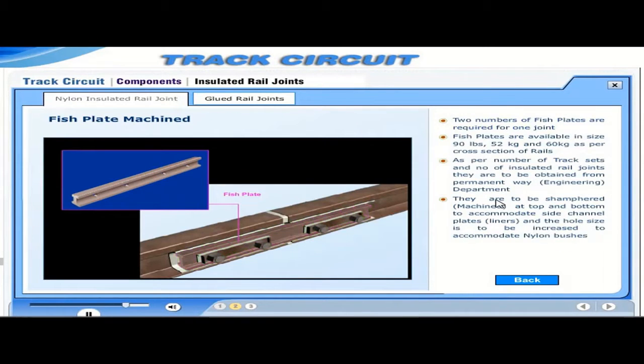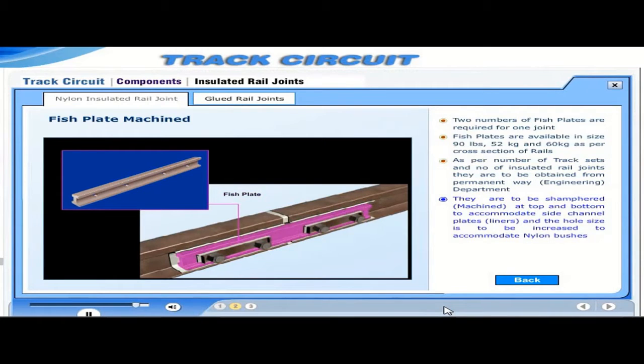Fish plate machined. 2 fish plates are required for one joint. Fish plates are available in sizes 90 lbs, 52 kg and 60 kg as per cross section of rails. As per number of track sets and number of insulated rail joints, they are to be obtained from the Permanent Way Engineering Department.